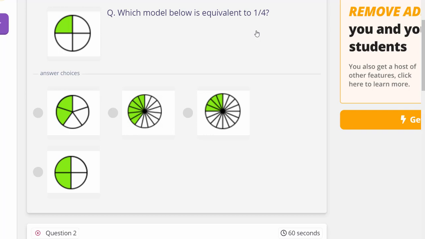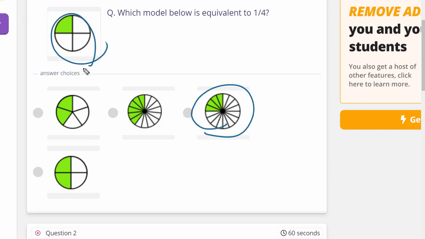Thank you, Hassan, because my heroes, as you can see here, this one is the same like this one. So this is the correct choice. Thank you, Hassan.